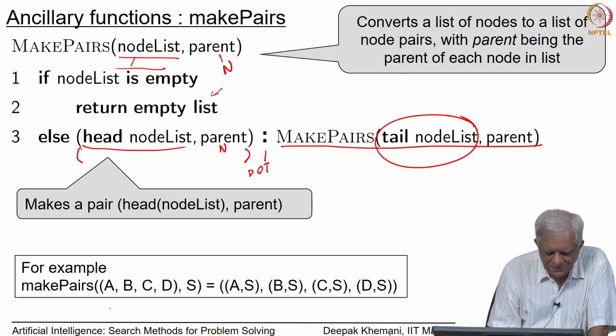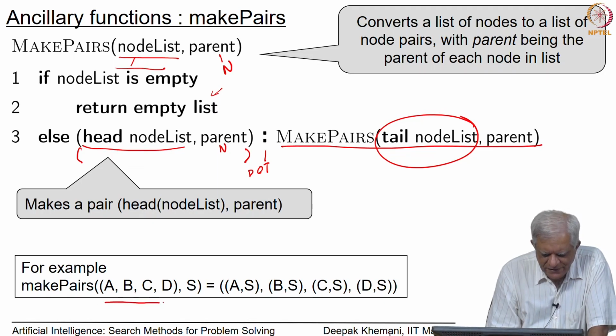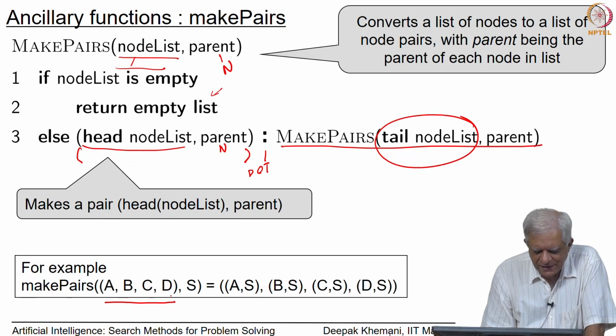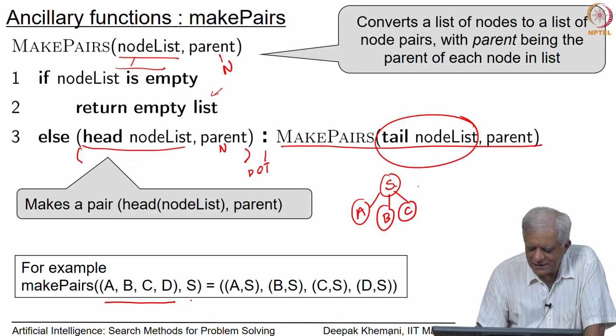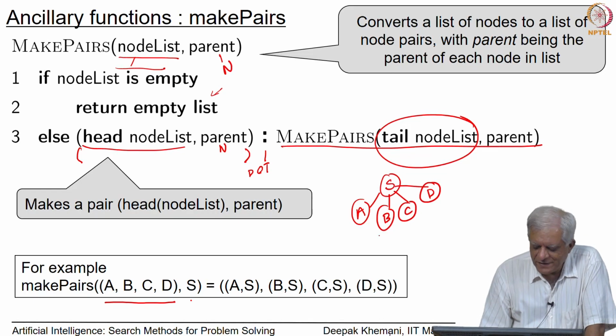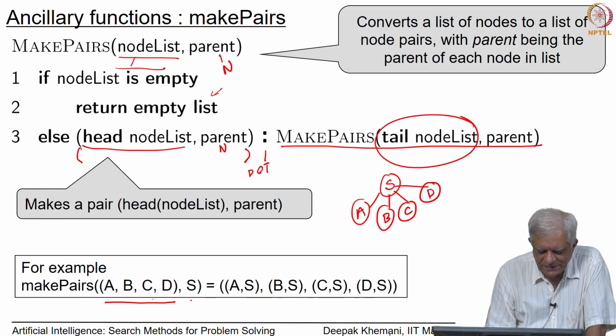So, for example, if the call to make pairs is with a list containing A, B, C, D, and the other is S. So, remember that this is what we had said, that if you are dealing with a start node, then you have A as a child, B as a child, C as a child, D as a child. So, we have these 4 children which are A, B, C, D, and then we have the parent S.